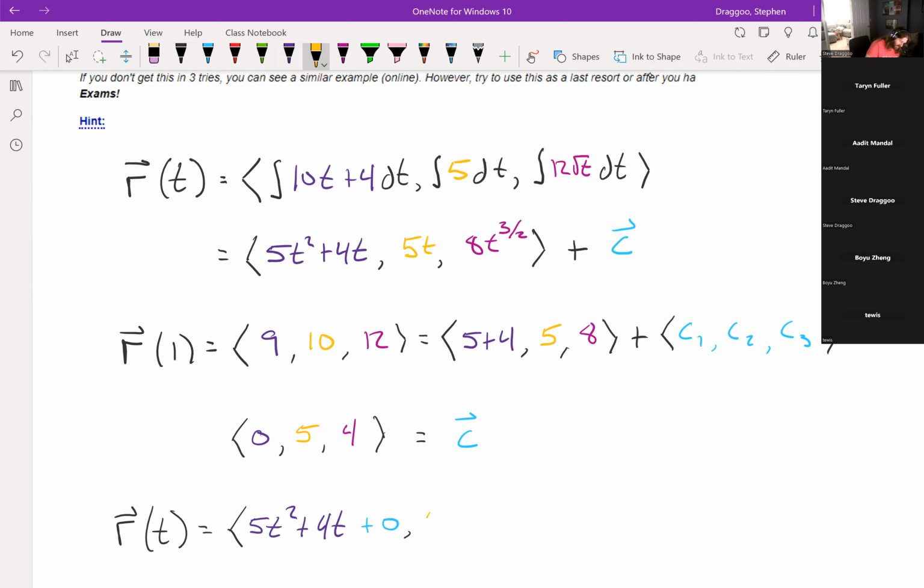Then the y component is 5t plus 5, and then our z component is 12, nope, try again, 8t to the 3 halves plus 4. Cool, and that's our new vector function.